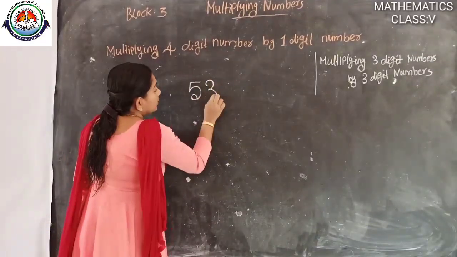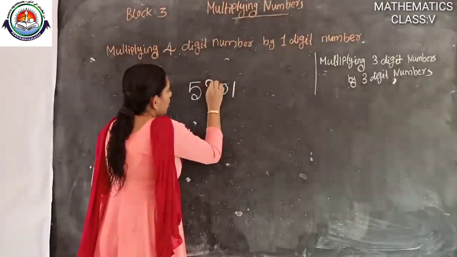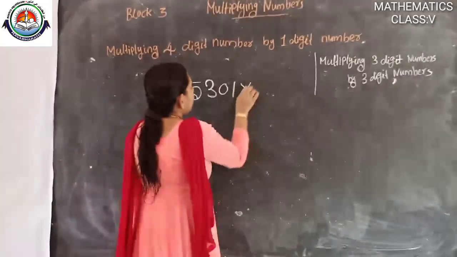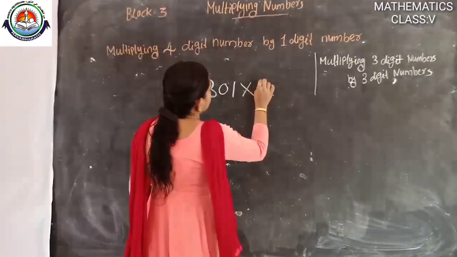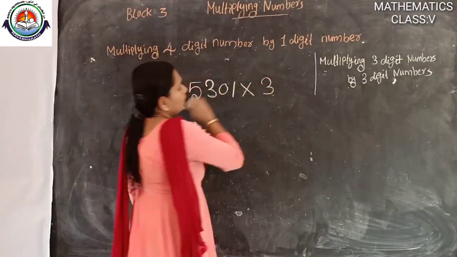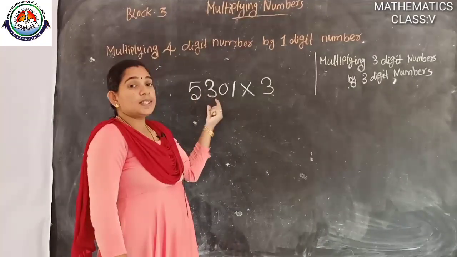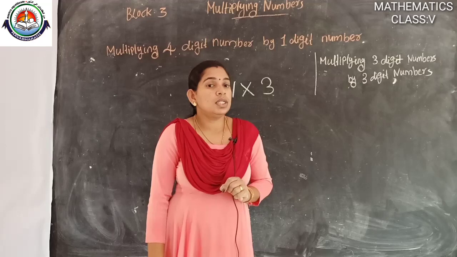5,301 multiplying by 3. 5,301 into 3, how do you get the value?